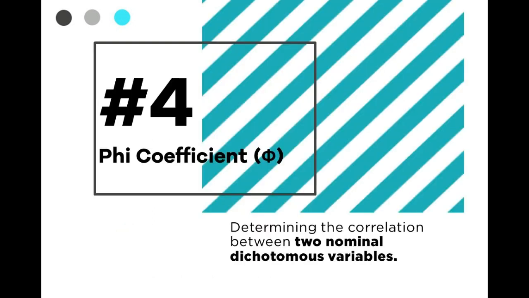Next, last in our correlation, we have the phi coefficient. We can determine the phi coefficient if we have two nominal dichotomous variables. When a variable is nominal and dichotomous, there are two possible results.